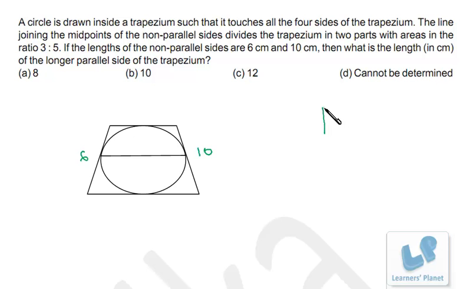Suppose this is a quadrilateral ABCD. Then AB plus CD must be equal to BC plus DA. Then only a circle can be inscribed in the quadrilateral. Maybe it is a trapezium, maybe a parallelogram, maybe a rhombus, whatever the figure, or any other simple quadrilateral, right?